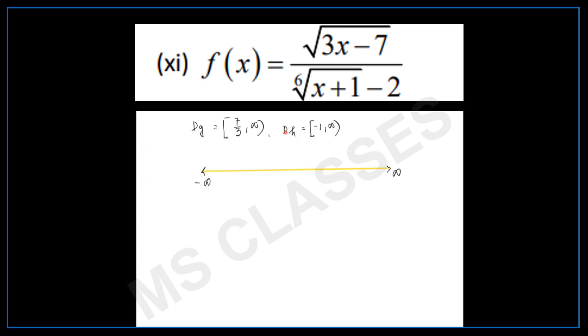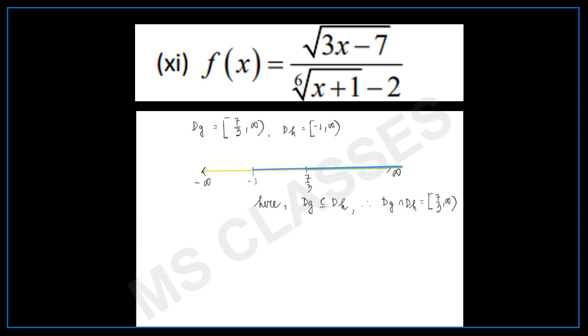We can see dh starts from minus 1 to infinity and dg starts from 7 by 3 to infinity. So we can easily understand that dg is a proper subset of dh, and therefore dg intersection dh, which we need to find, is dg only.